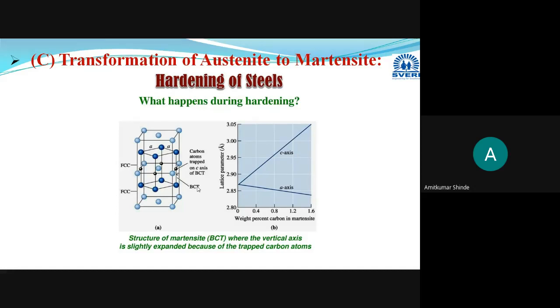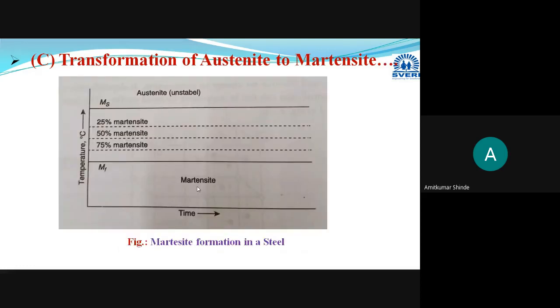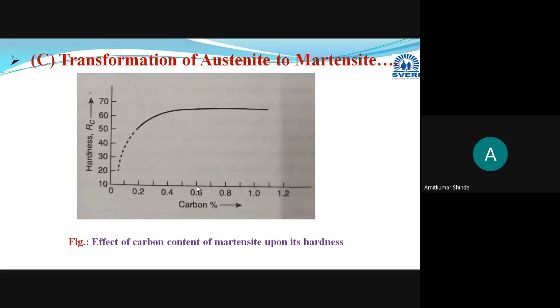Now, martensite has certain properties, and we will discuss the effect of carbon content on the hardness of martensite. Depending on the type of steel, whether low carbon, medium carbon, or high carbon, the percentage of carbon gives different hardness.